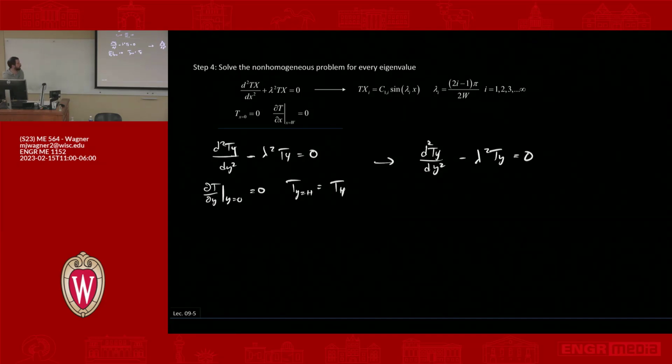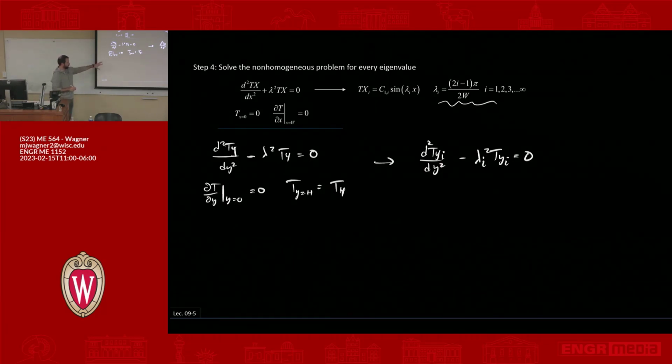But for every individual I. So this is Ty, Ty I, and then lambda I here, where lambdas are values given up here. We can go back and look at the table, or again, plug it into Maple.